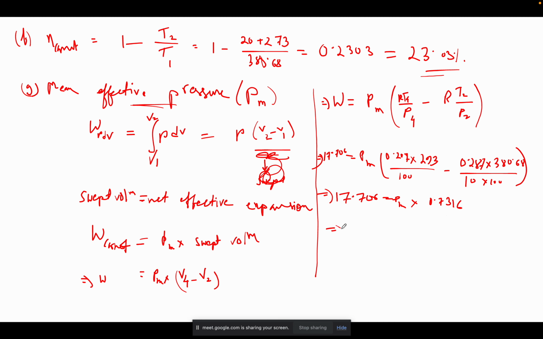Okay, and from here you will get Pm is your 24.20 kilopascal, and if you want in terms of bar it will be 0.24 bar.